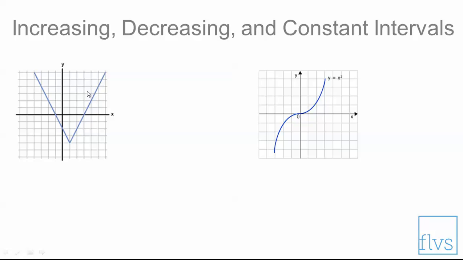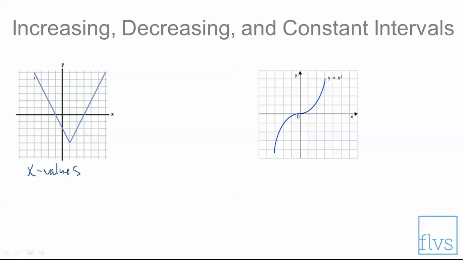So when I'm looking from left to right on this first one, this is an absolute value graph, I can tell because it's a V. You may have noticed that from your Algebra 1 and 2 experiences. When I'm looking for where it is increasing, you always refer to the x values. Always refer in terms of x.